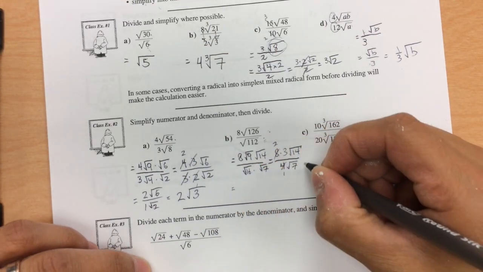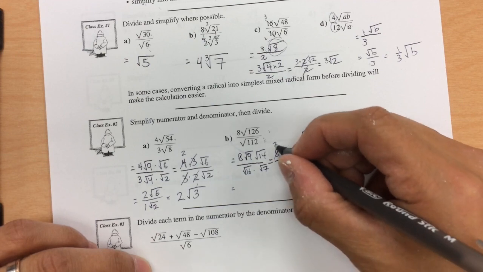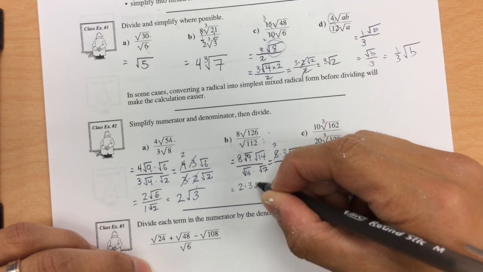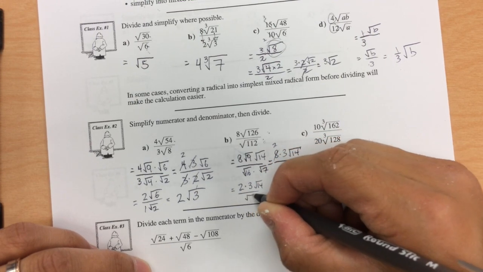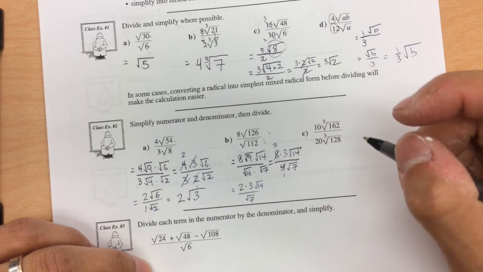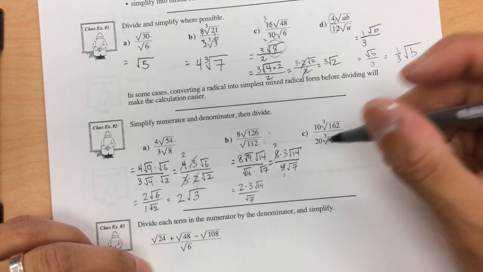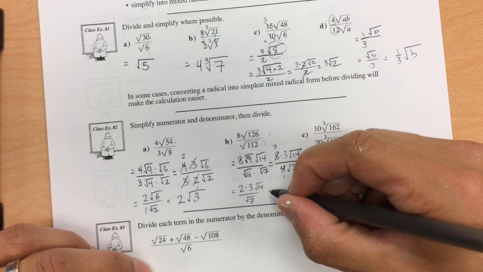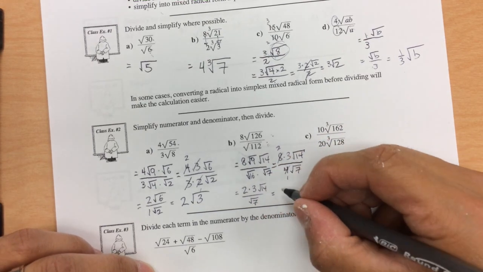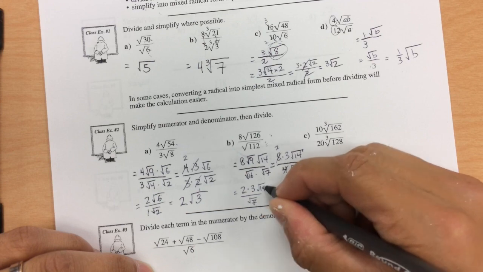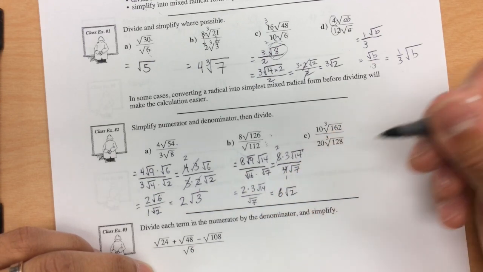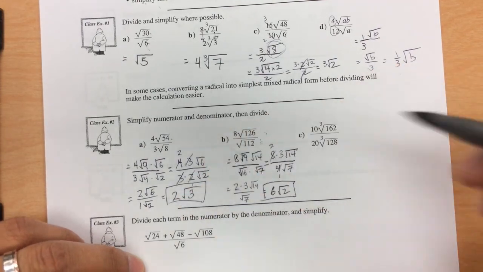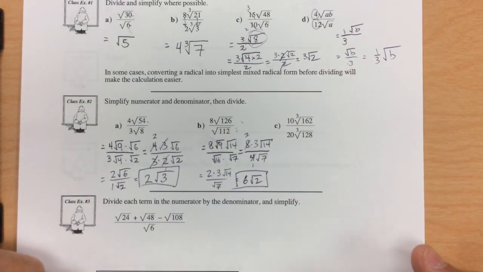What I'm going to be left with is 2 times 3 root 14 over root 7. So 2 times 3 is 6, and 7 goes into root 14, root 2 times. And so that is going to be my answer there, and I should have put an answer box around that as well.